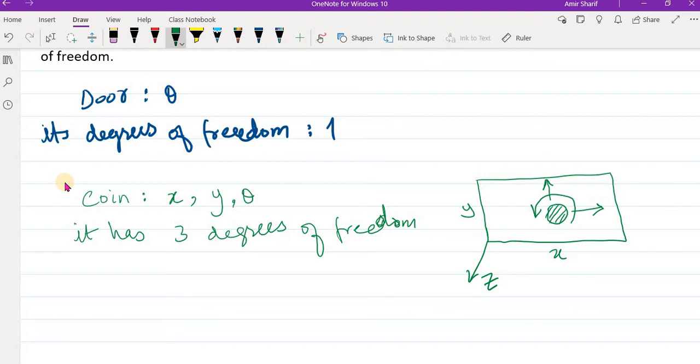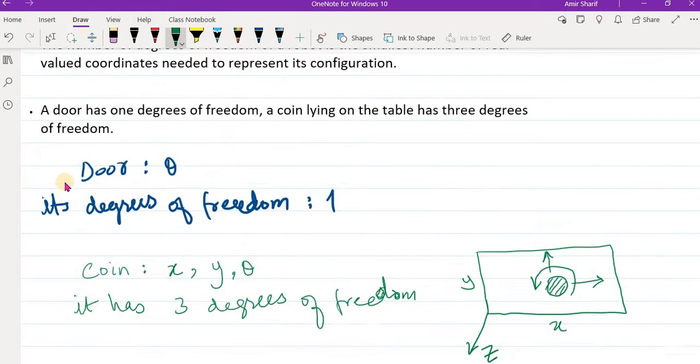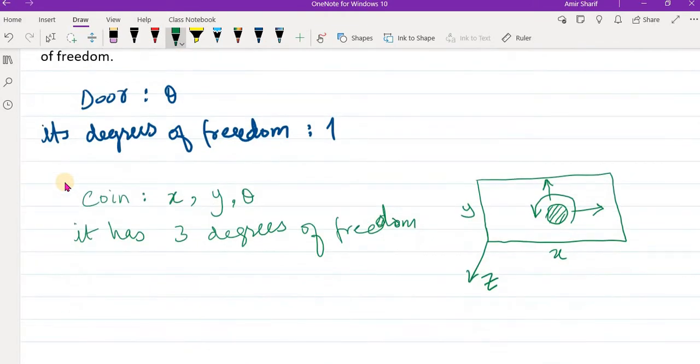Okay, let's see another example. I made the coin a different color. So this red one is the coin, and it can move along the x-axis, which is 1 degree of freedom.